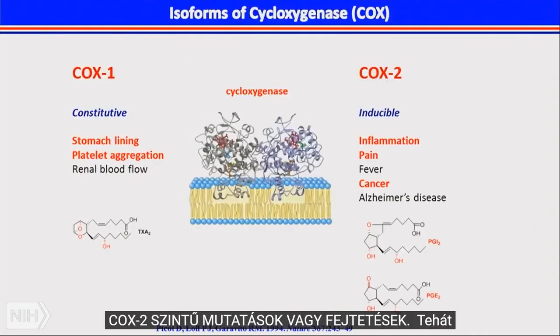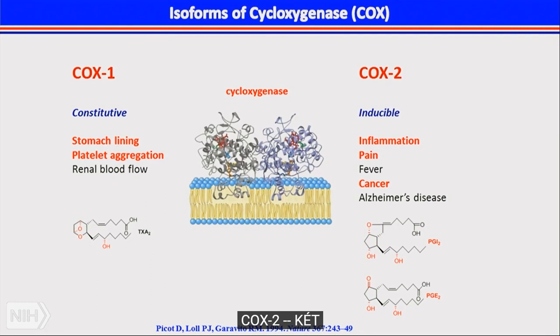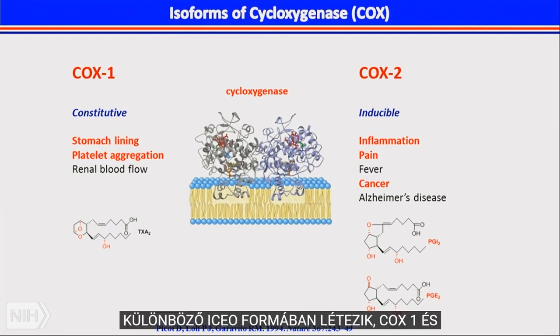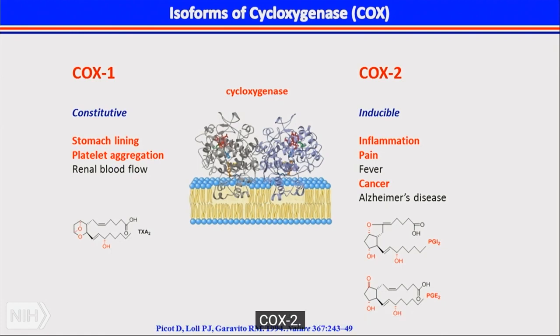The cyclooxygenase enzyme exists in two different isoforms, COX-1 and COX-2. COX-1 is the constitutive isoform, which is mainly responsible for normal physiological processes such as maintenance of stomach lining and platelet aggregation.